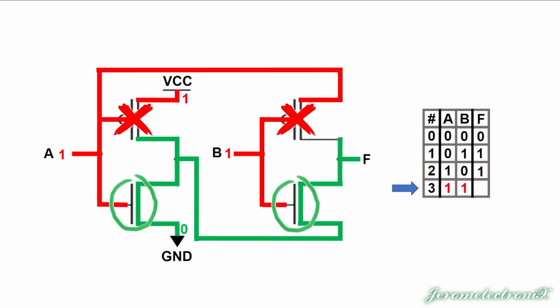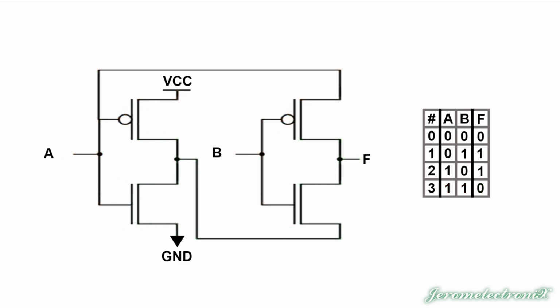That means that we have low voltage flowing through to the output F, meaning that output F is a 0, and on the truth table, the output for row 3 is also a 0. So what is that thing? What is a gate that is a 0, 1, 1, 0 on the output? Do you remember what that gate is? Hopefully you remember that that is a XOR gate.